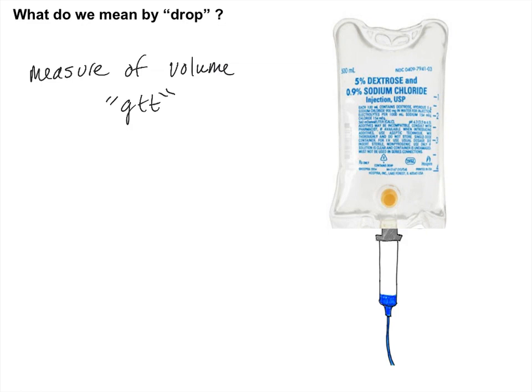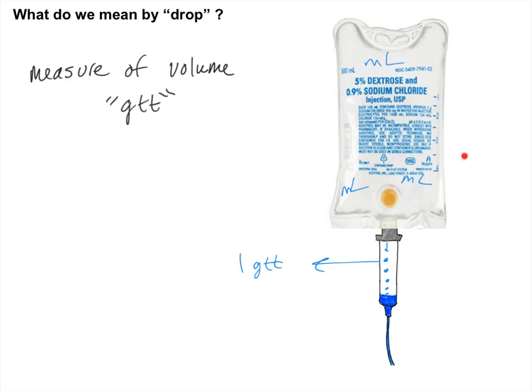And what's going to happen in a clinical situation is the tubing that is connected to this bag will take every single one of the milliliters that's floating around. So we have milliliters floating around in this bag, individual milliliters, and it's going to break them into drops. That's what we mean by drops. So this right here is one drop, and the size of that drop is going to be determined based on the tubing that we have.